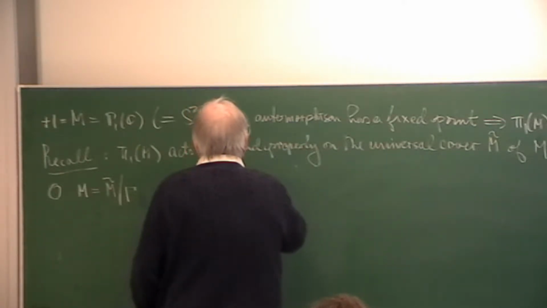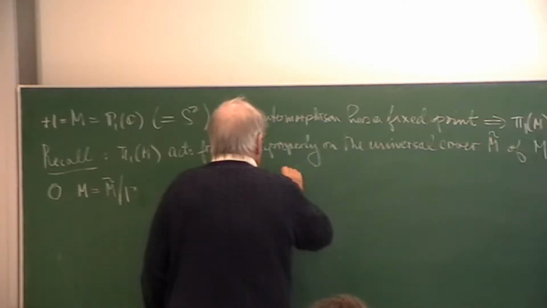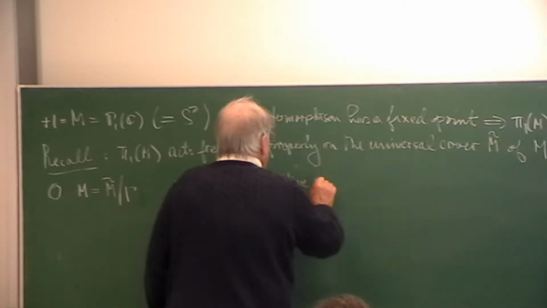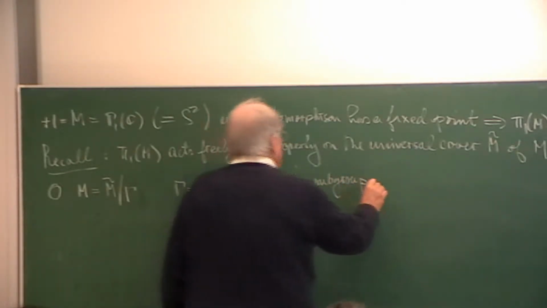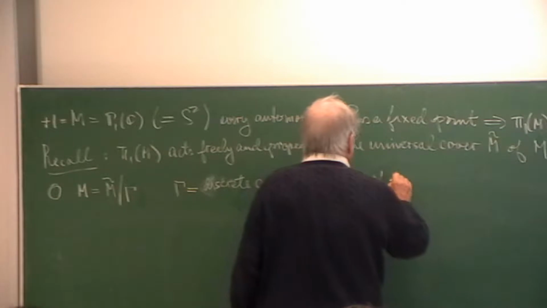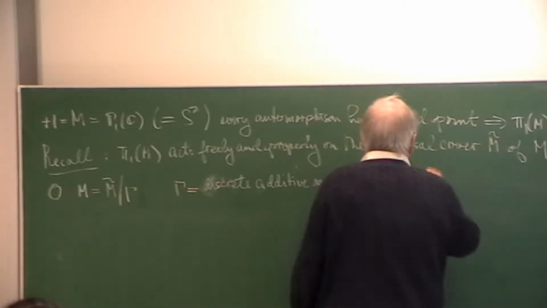The word lattice is a little bit dangerous because it has other meaning. Discrete additive subgroup of rank 1 or 2. Well, or 0, 1, or 2, so it could be trivial.